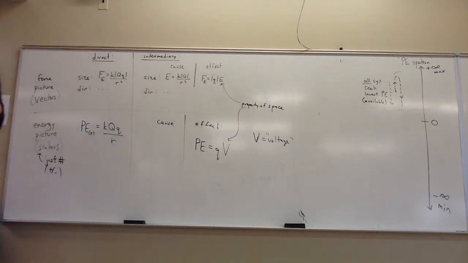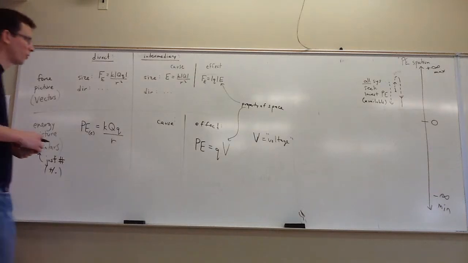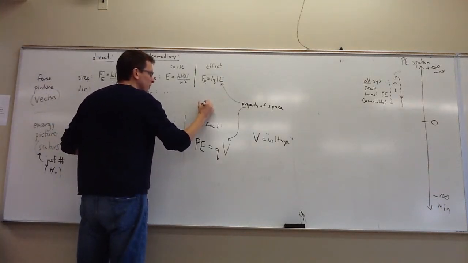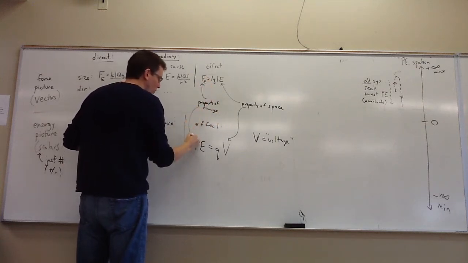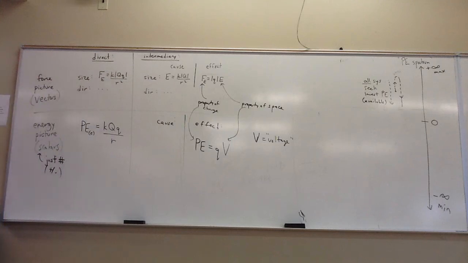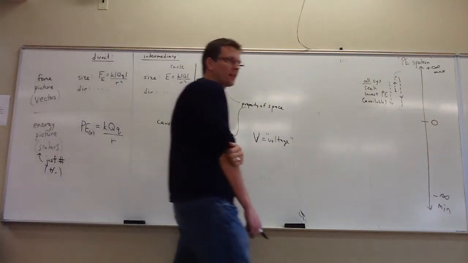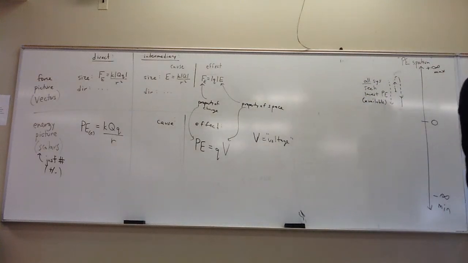You have a property of space. You put a charge there, and it'll tell you about that charge. So we have the property of the charge: the force that it feels or the potential energy that is stored. Right? So you can't have a force on nothing. You can't have potential energy of nothing.